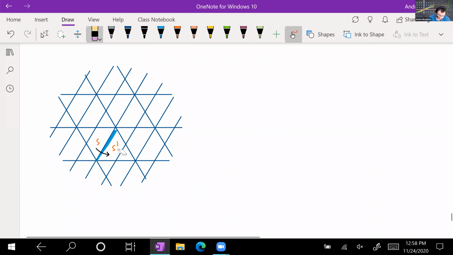So now we have, for every wall, this wall subalgebra.